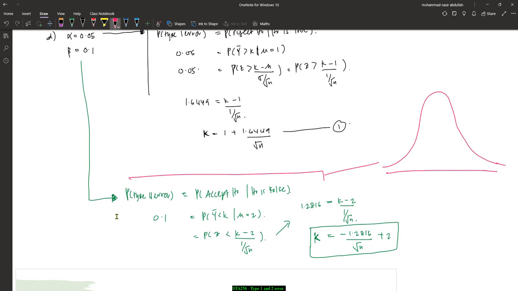When y is more than k, it should be 0.05.